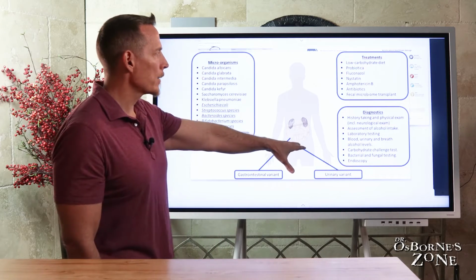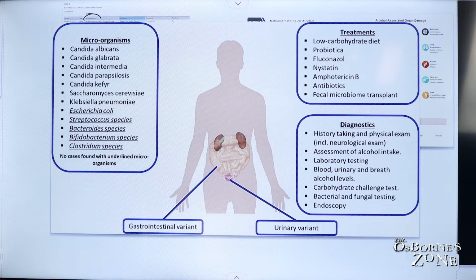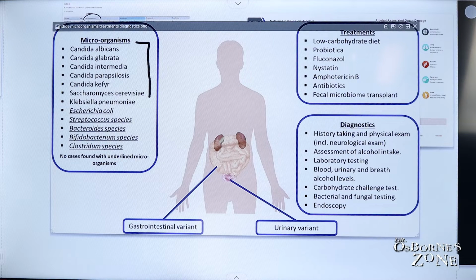So the same thing can happen in the urinary tract as well. And so again, you see here the microorganisms responsible predominantly are these top ones, and then the ones that are underlined from here down are ones where no cases were found with these microorganisms. In other words, these microorganisms are safe.